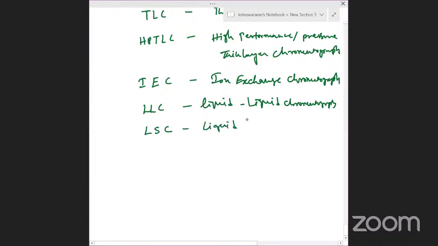General column chromatography principle is also defined as liquid solid chromatography. Next, LBC, liquid bonded phase chromatography.